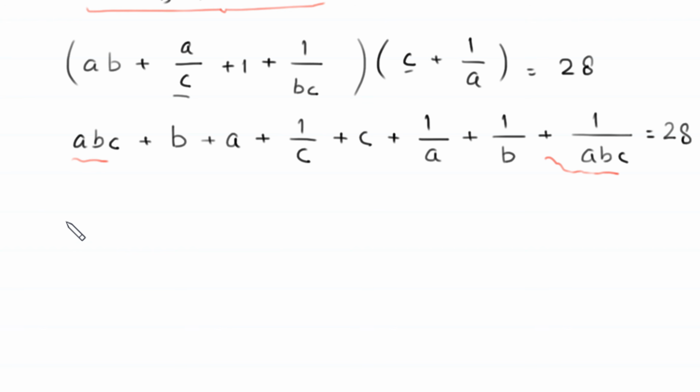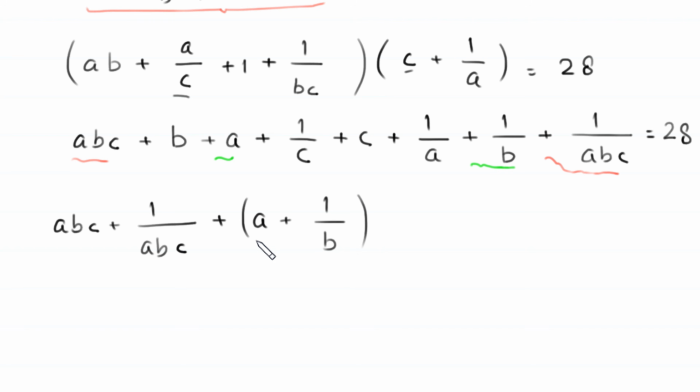So this will become abc plus 1 over abc. Now we combine these two terms a and plus 1 over b. We use parentheses to make this a group, plus we combine these two terms b and plus 1 over c.